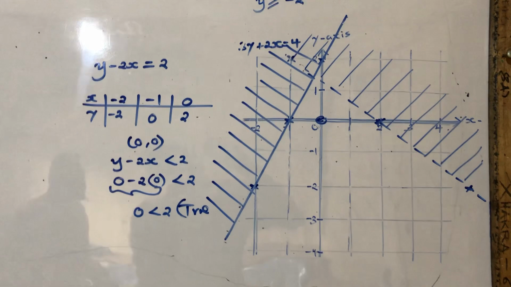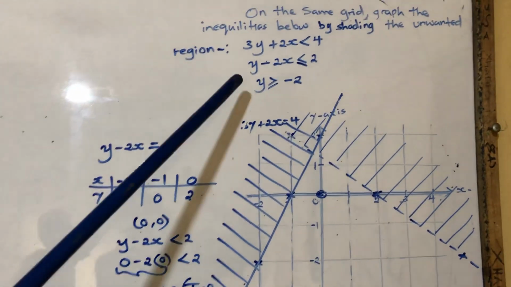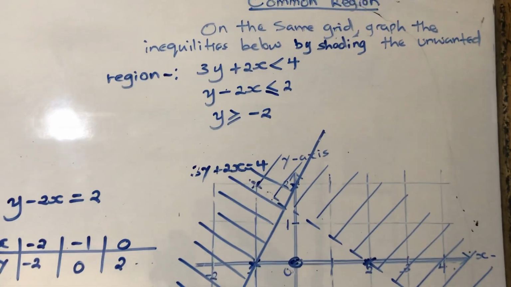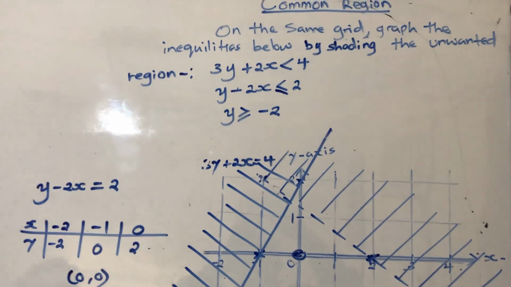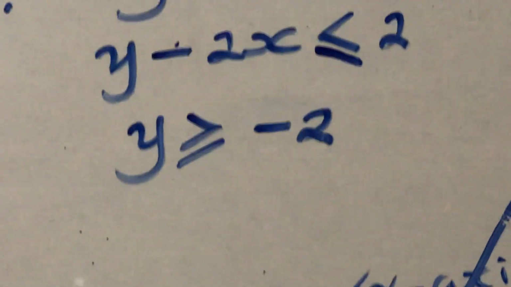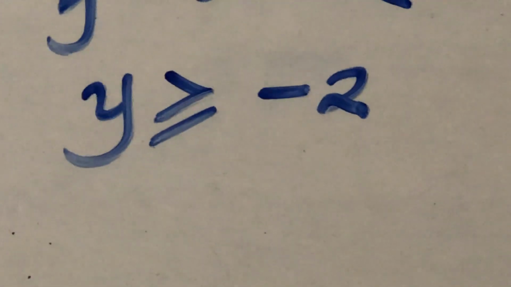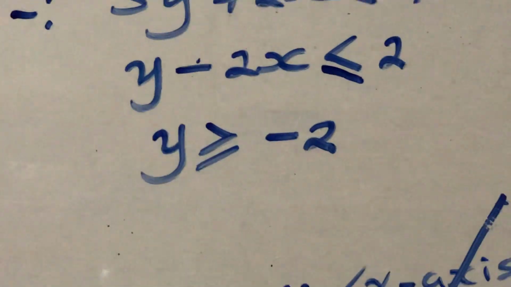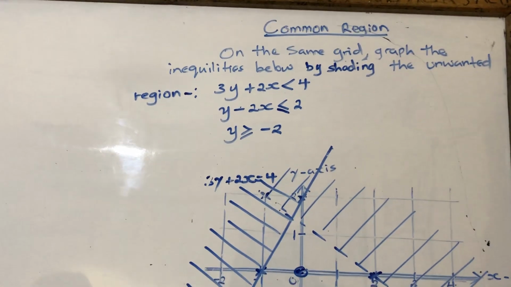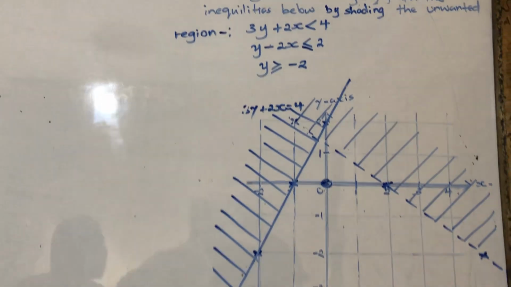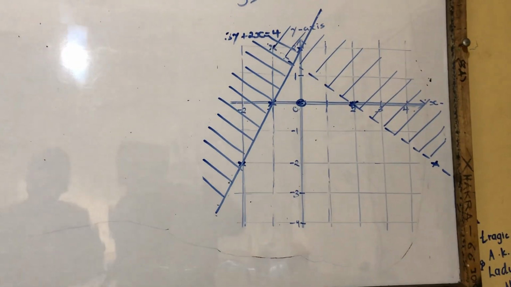Which now brings us to the last inequality. What is the last inequality? Y is greater than negative 2. When an inequality carries one variable, one is not required to do a table.